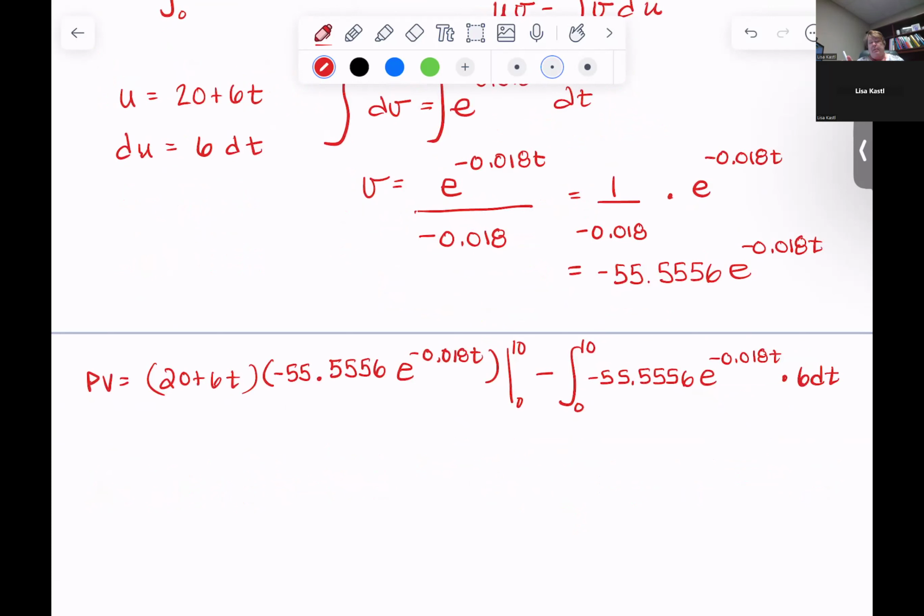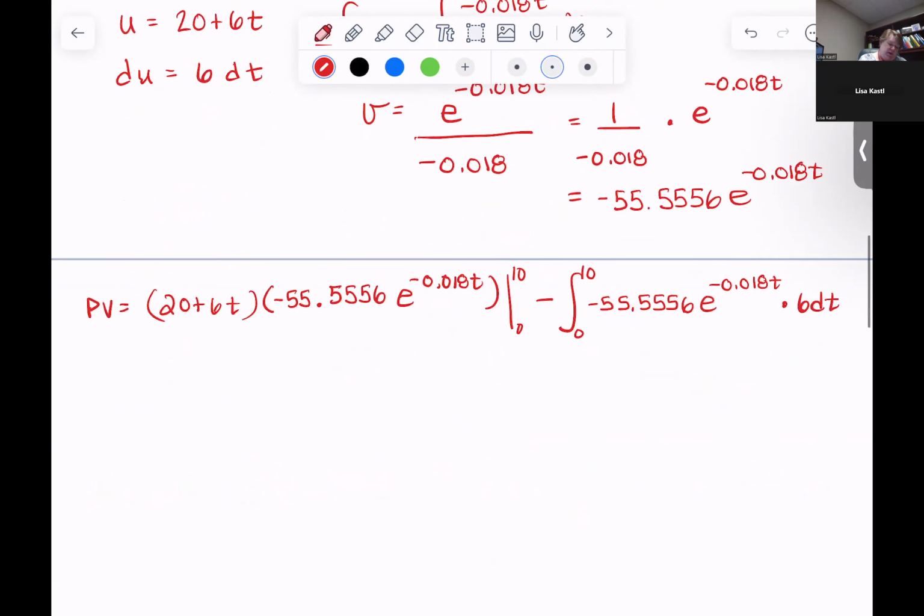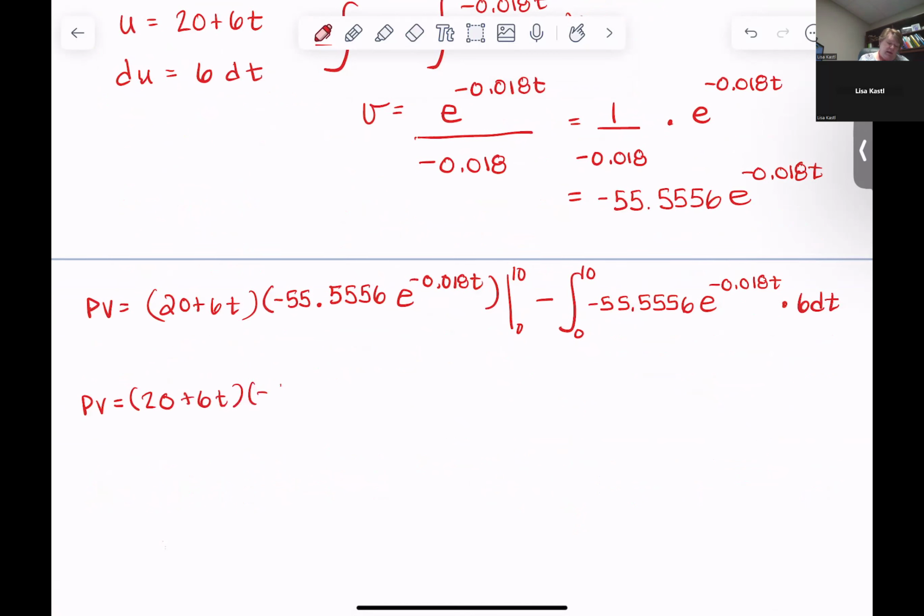So we've got a minus, which is going to give us a plus, and we're going to multiply the 55.5556 times the 6. So we're going to get the present value is 20 plus 6t times negative 55.5556 e to the minus 0.018t evaluated from 0 to 10.